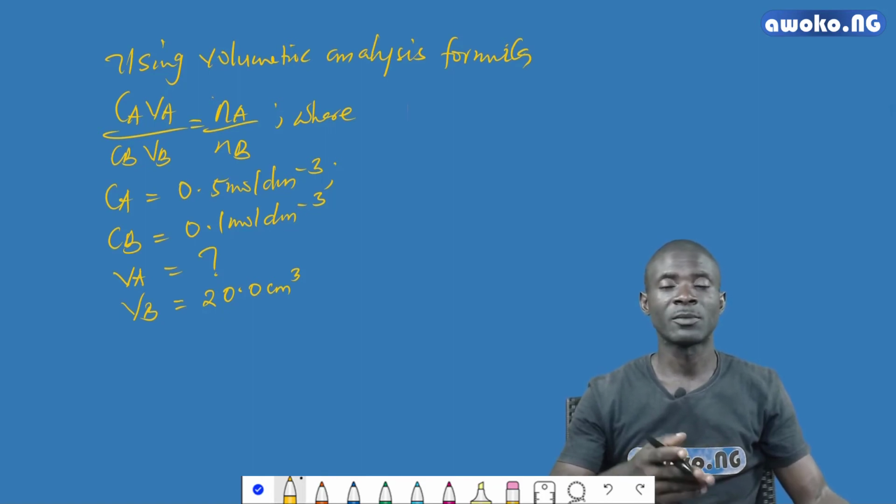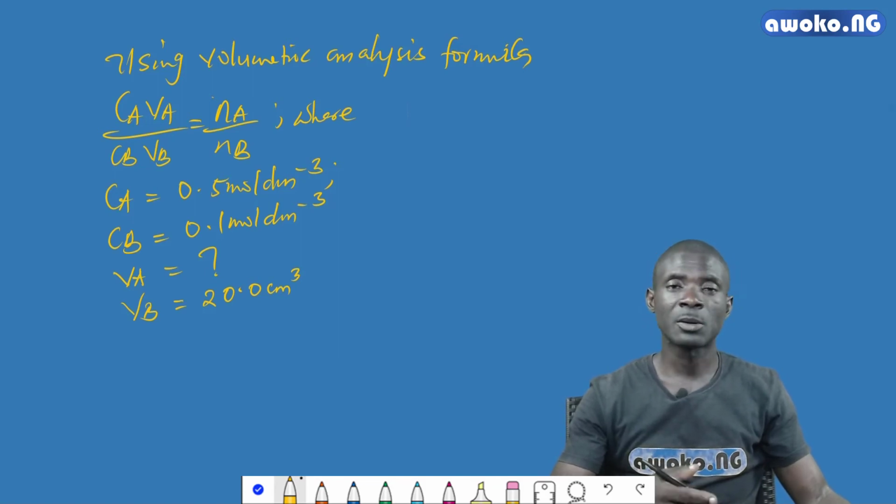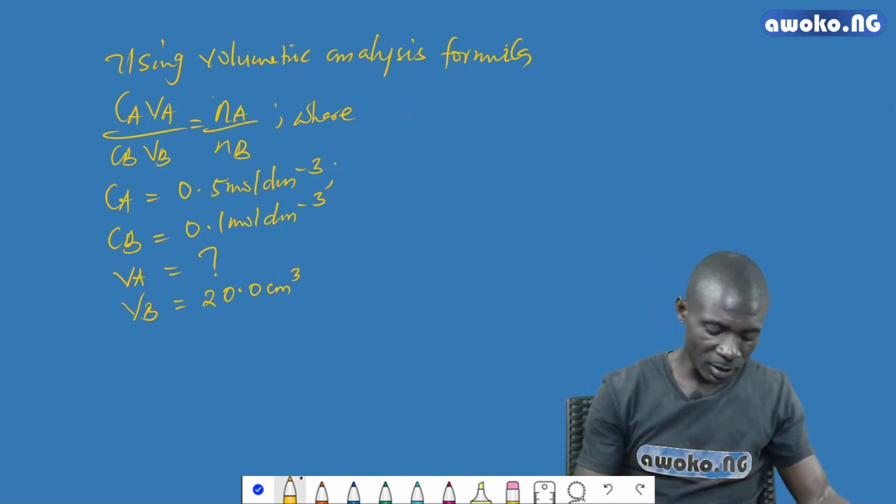If the pipette given is a 20.0 cm³ pipette, that gives you the volume of the base. If it is a 25 cm³ pipette, that gives you the volume of the acid. So in this case, we are given 20 cm³ as the volume of the base.